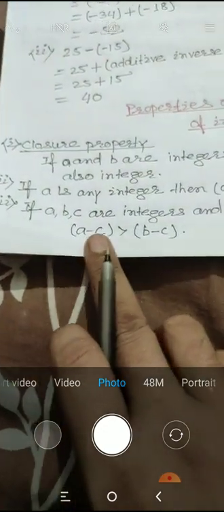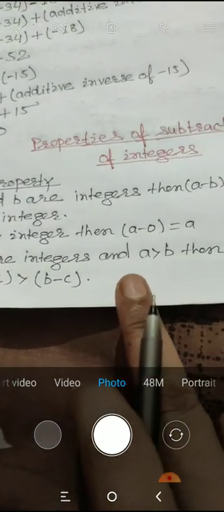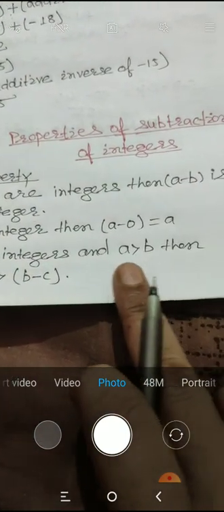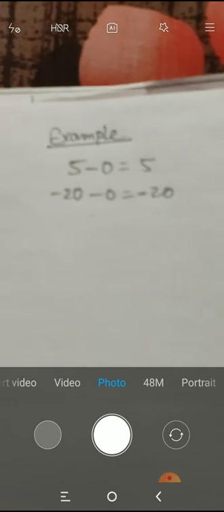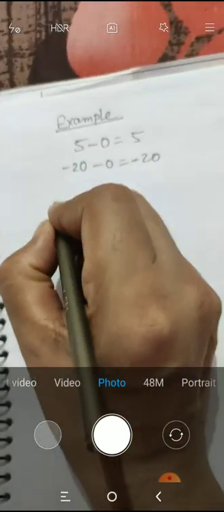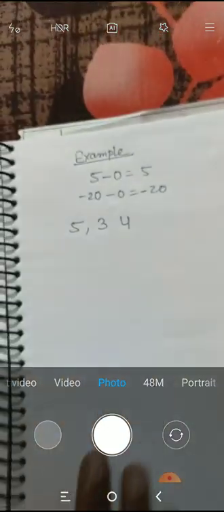Now what is rule number 3? It says that if a, b and c are integers and a is greater than b, then a minus c will be greater than b minus c. For example, suppose I take three integers: 5, 3 and 4.